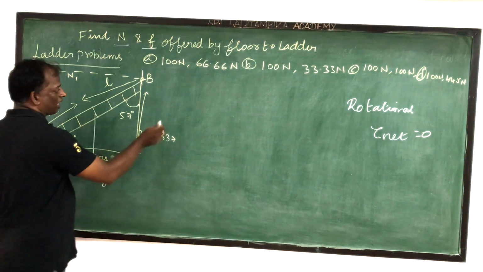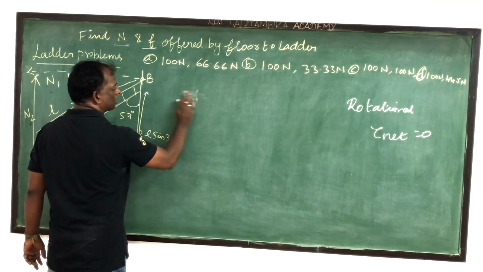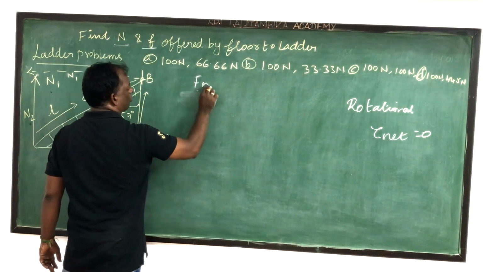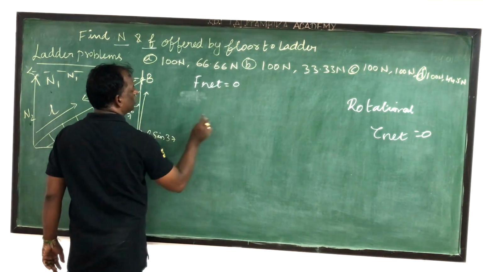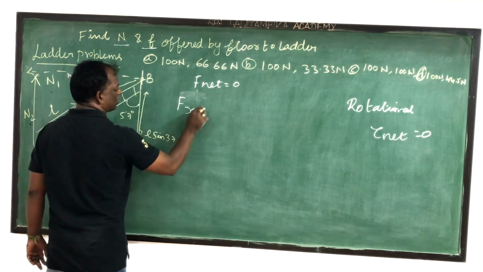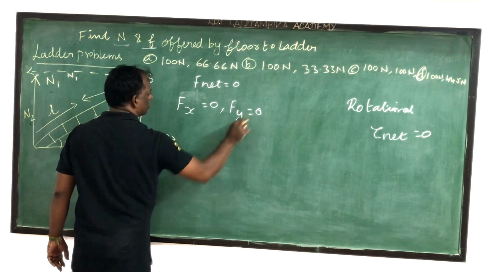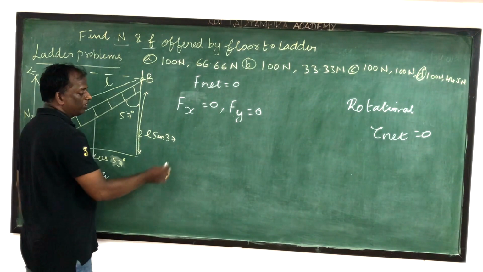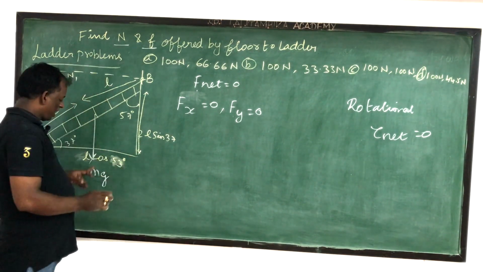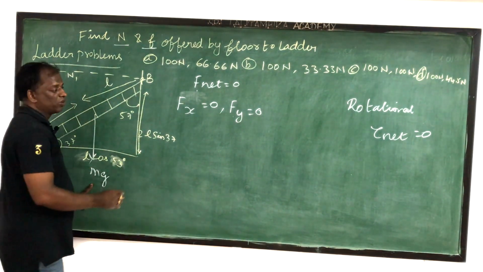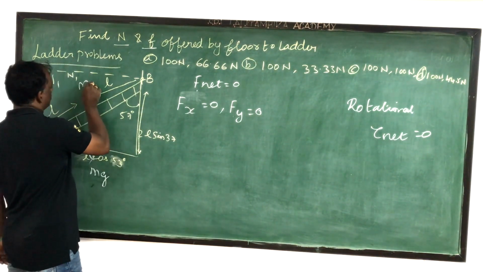So we can write it as the net force F is equal to 0, or we can write F of x is equal to 0, comma F of y is equal to 0. அப்ப normal reaction நம்ம என்ன எழுதுவோம், so இதுல mg it will be acting downwards, so m is equal to 10 kg.